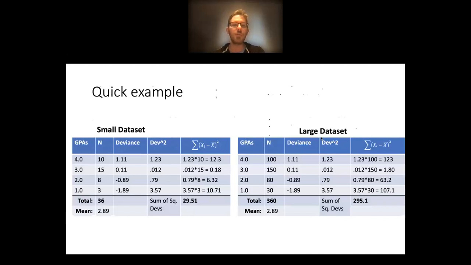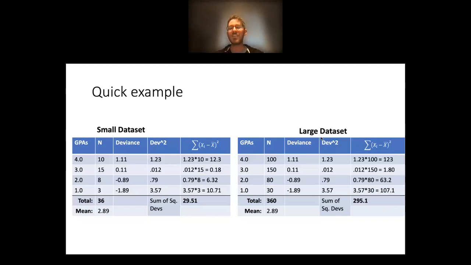If you look at the table, the deviance is the same, the mean is the same, the deviance squared is the same, but when you add all of the deviance squared up, since the large data set has 10 times the number of cases, it has 10 times the dispersion. So the sum of squared deviances for the large data set seems to be 295, whereas for the small data set it is only 29.5.